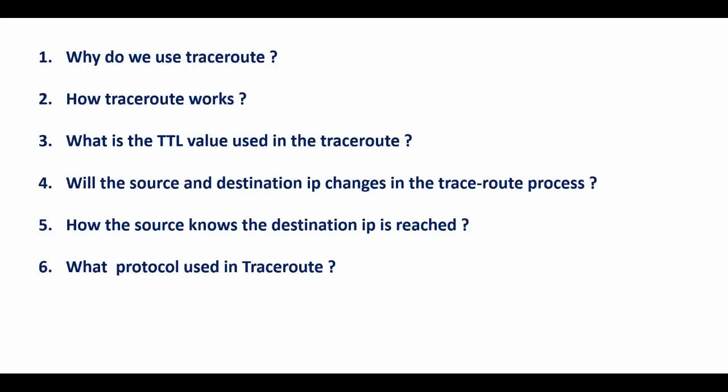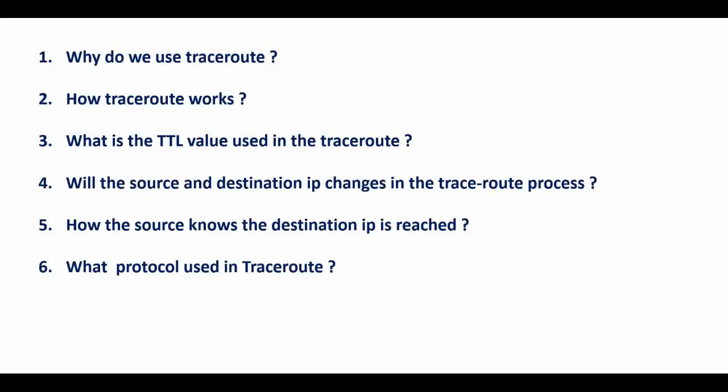Whatever destination IP you set in the traceroute, we send a UDP packet with port number 33434, and that destination device is not listening on that particular port number. So only that particular destination IP can send back the ICMP port unreachable message, not any other device in the path, right?